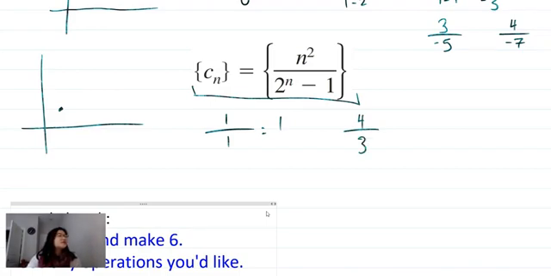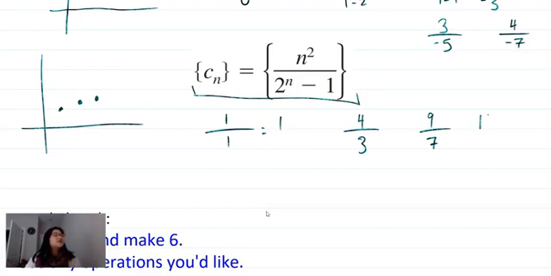So we got 4/3, which is like up there. And then we had 9 over 8 minus 1 is 7. So 9/7. And then we have 16 over 15, which is very close to 1.